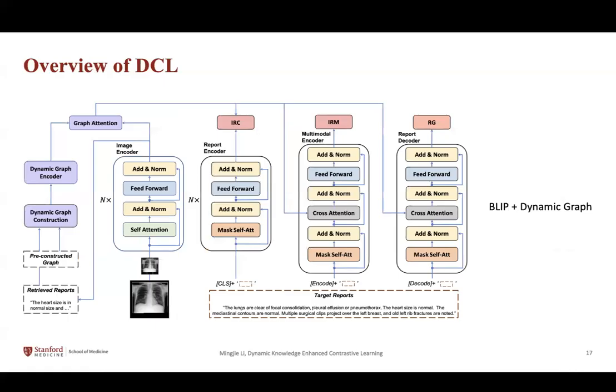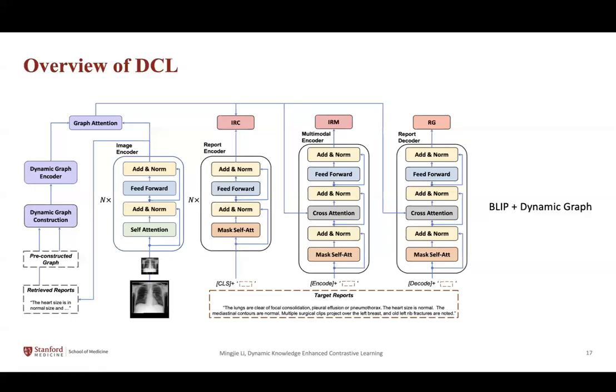So here we will introduce the implementation of our proposed dynamic graph enhanced contrastive learning approach, which we name DCL. The overall structure of DCL is shown in this figure. You can see it contains 4 basic modules and 3 dynamic graph modules with 3 training objectives. The basic concept of our DCL is to integrate the dynamic graph with the LEAP architecture.